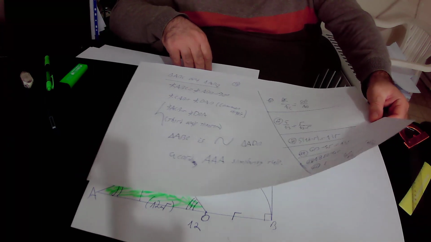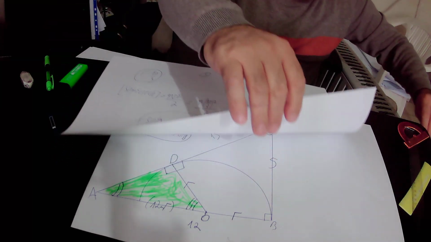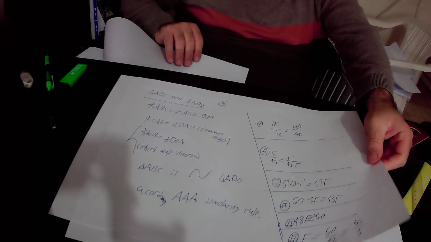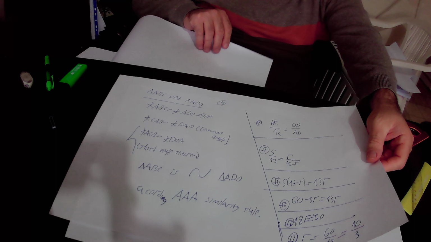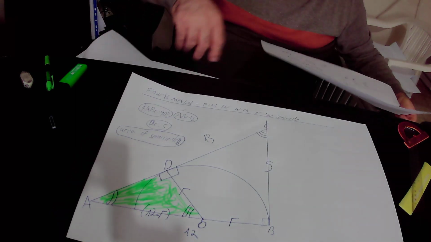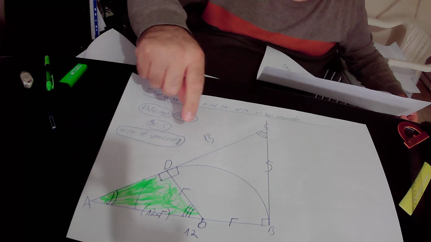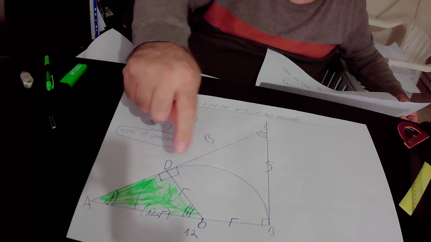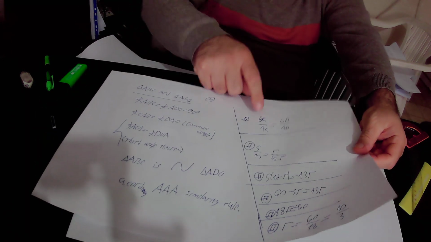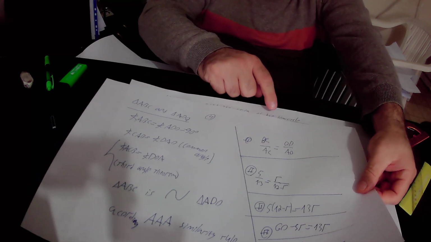From the fact that those two triangles are similar to each other, we conclude that BC over AC in triangle ABC equals DO over AO in triangle ADO.